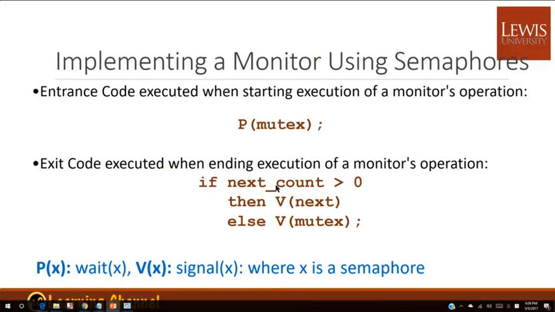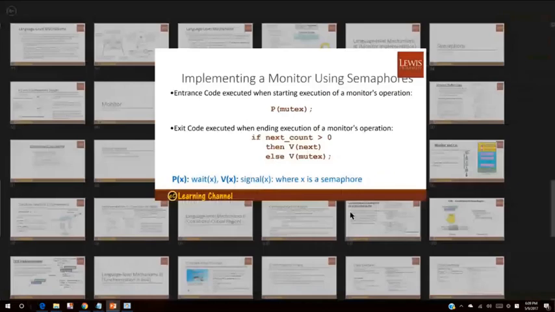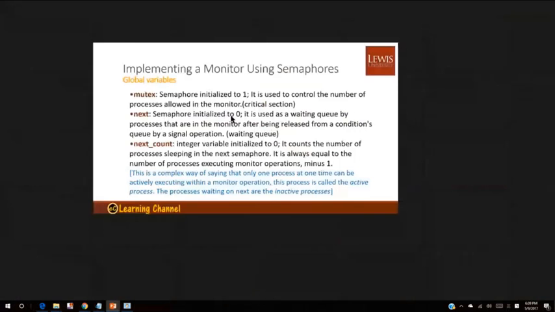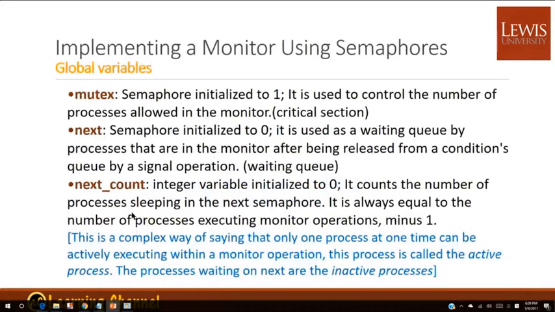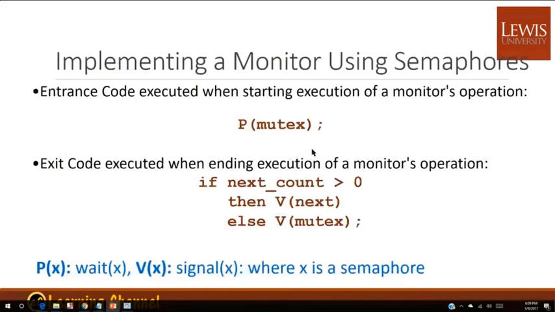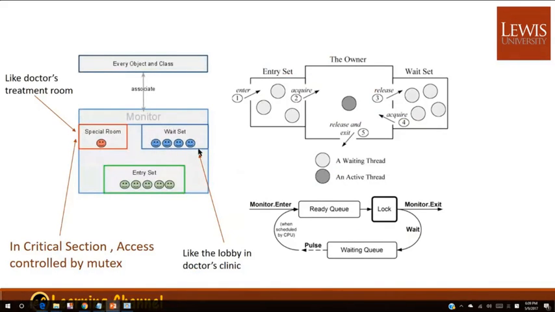If next count is greater than 0, that means you have some process sleeping on the next semaphore. Then you signal the next waiters, so you signal the one in this room, this waiting room.